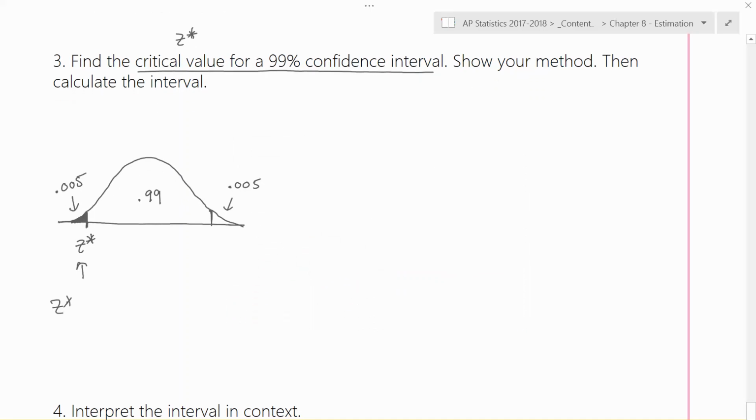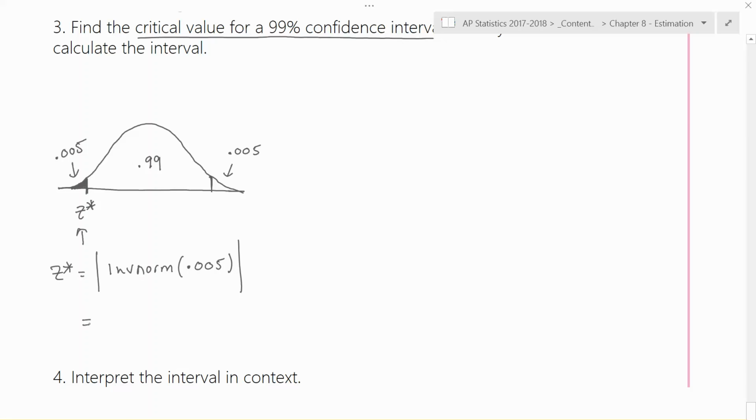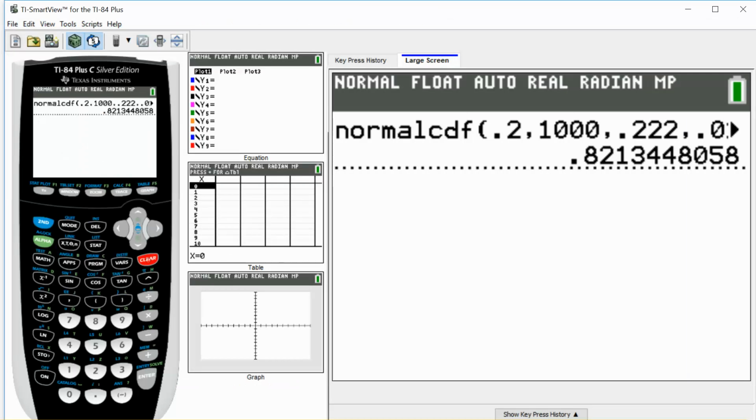So Z star is the absolute value of inverse norm. And that's absolute value just because we already have a positive and a negative as part of the calculation of the interval.